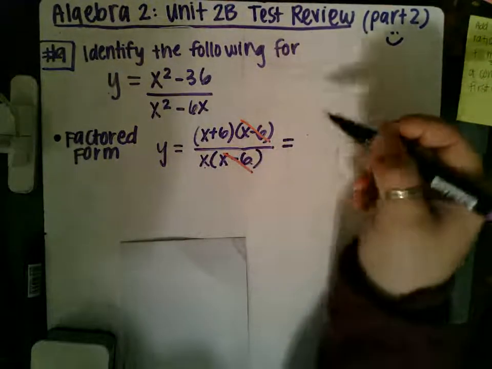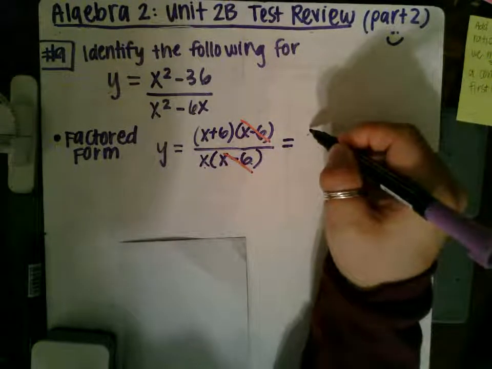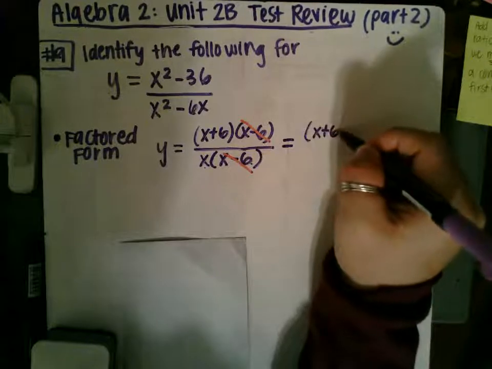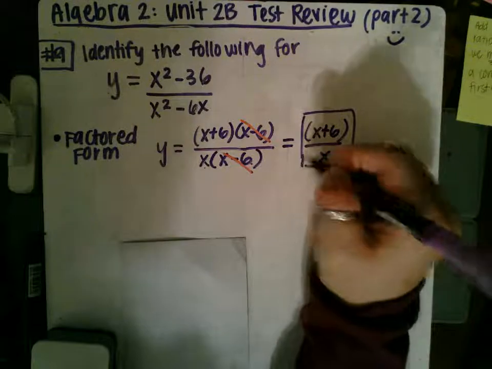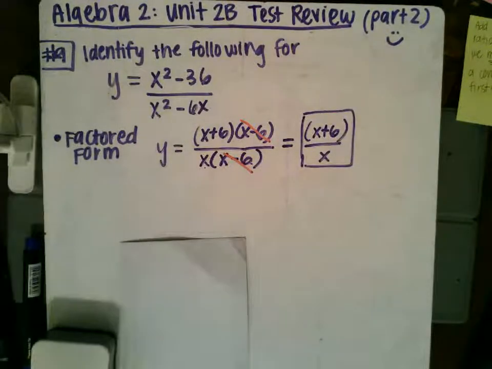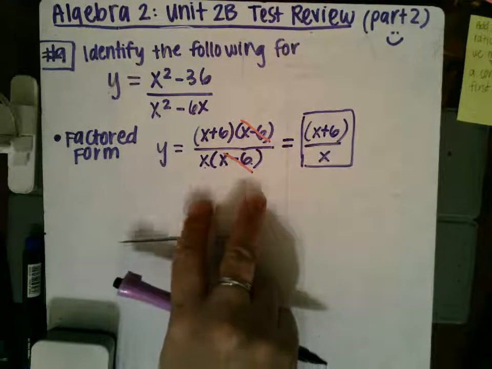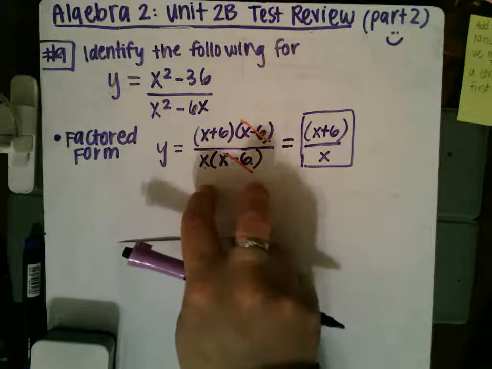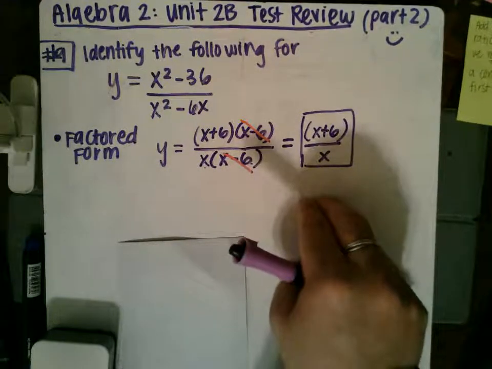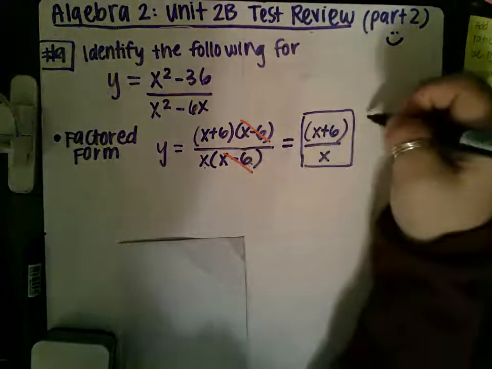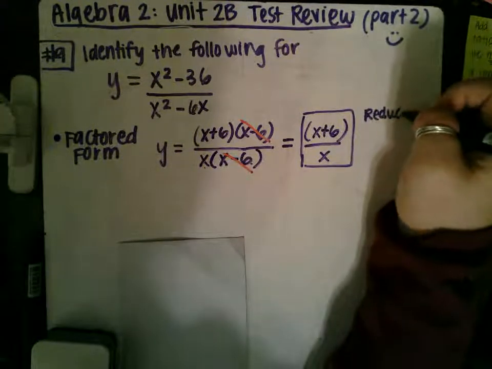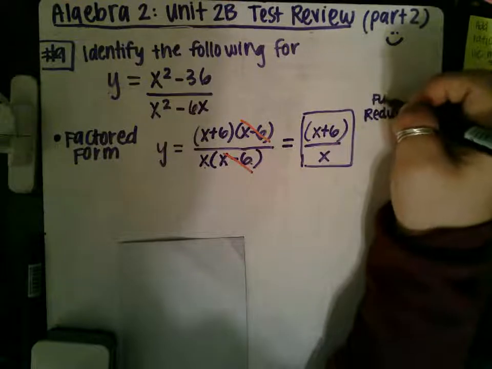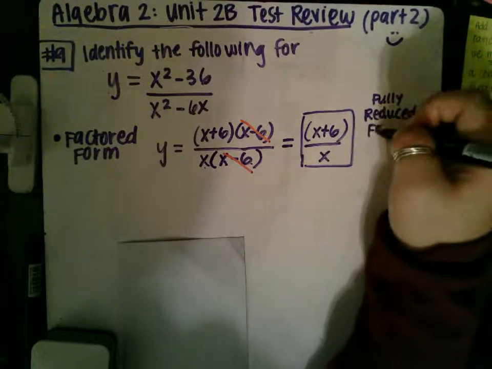So our final factored form of our equation would be x plus 6 over x. So that's our final, reduced factored form, if you will. So this is how I factored the expression, and this expression is equivalent to this by reducing. So I would almost just make a note that this is the fully reduced factored form.